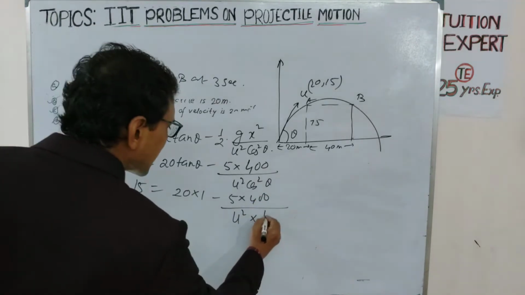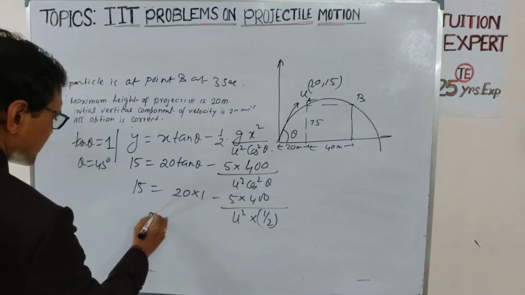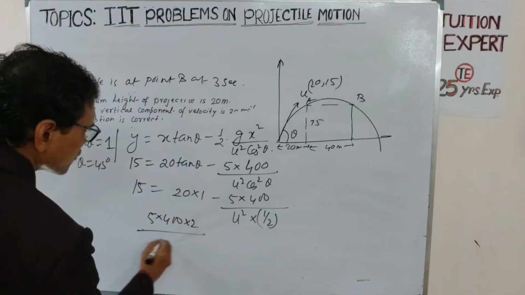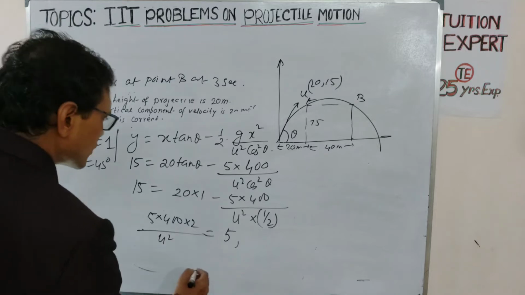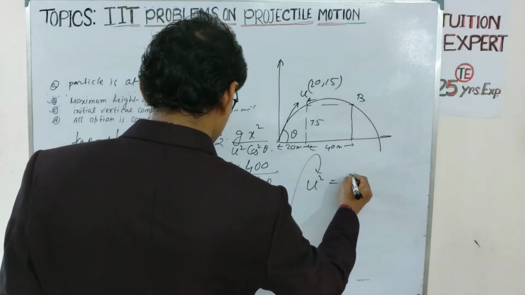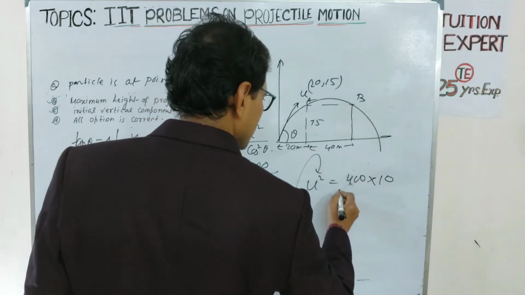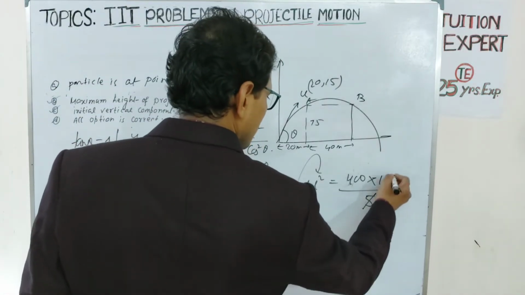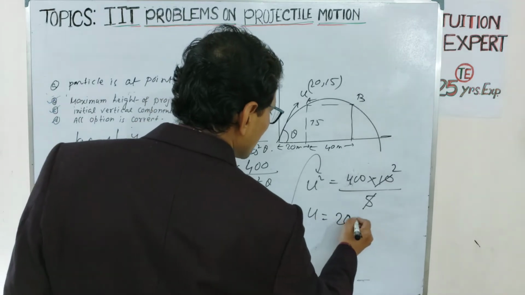Cos square 45 degree is half, that is 5 into 400 into 2 by u square equal to 20 minus 15, that is 5. So u square equal to 400 into 10 by 5, that is 800, that is u equal to 20 root 2.